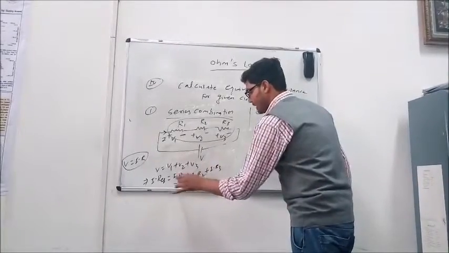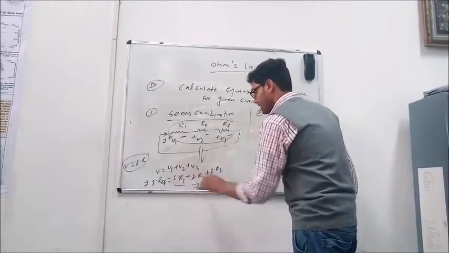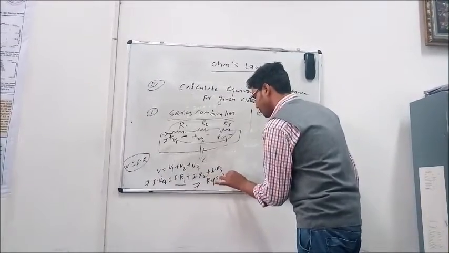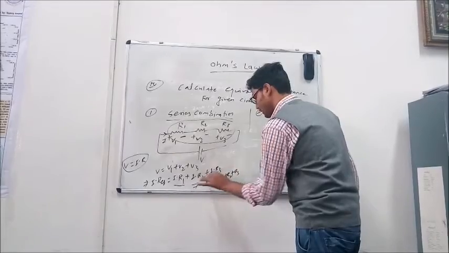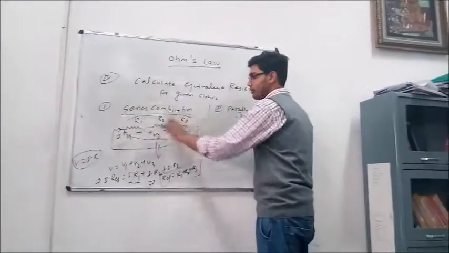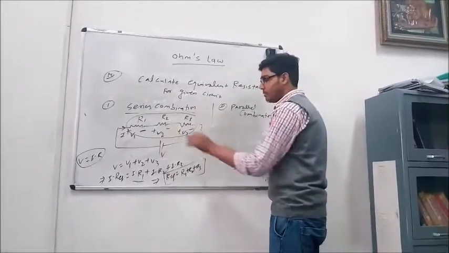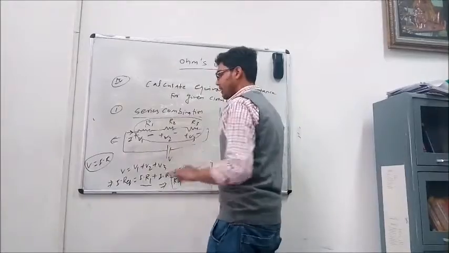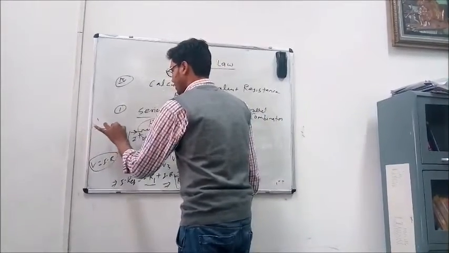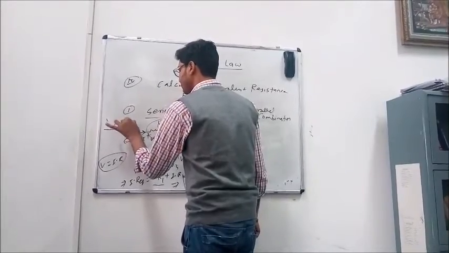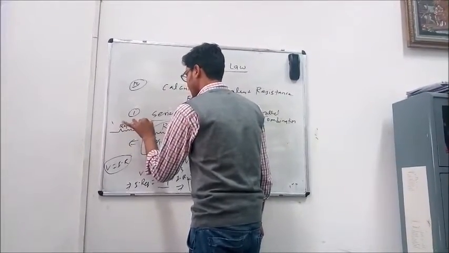I cancels, and we get R equivalent equal to R1 plus R2 plus R3. So if this kind of connection is given, we can directly replace all three resistances with a single resistance whose value is R1 plus R2 plus R3.